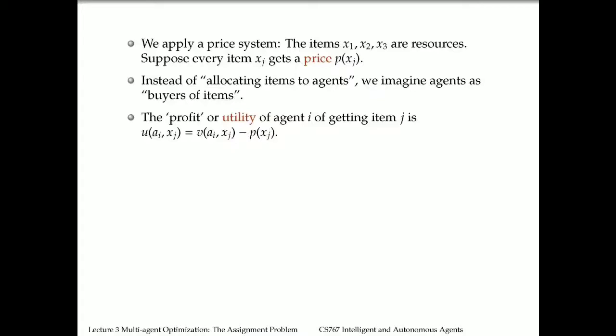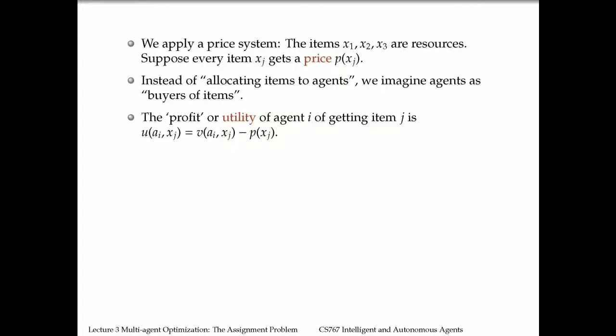So under this paradigm, allocating items to agents would be imagined as agents purchasing the corresponding items, and the profit for each agent is no longer just the local reward, because each agent needs to give up a certain amount of money. So the net profit, or here I define it as the real utility of the agent, would be the local reward of receiving the item minus the price that the agent paid for the item.